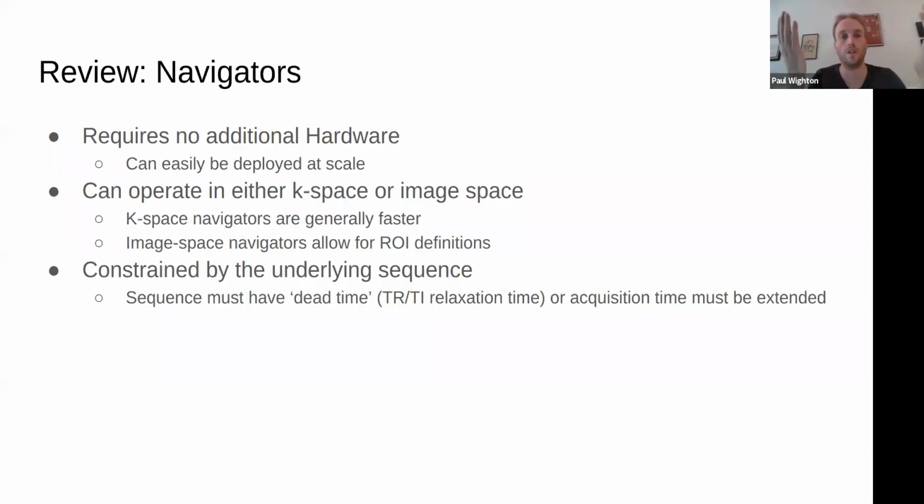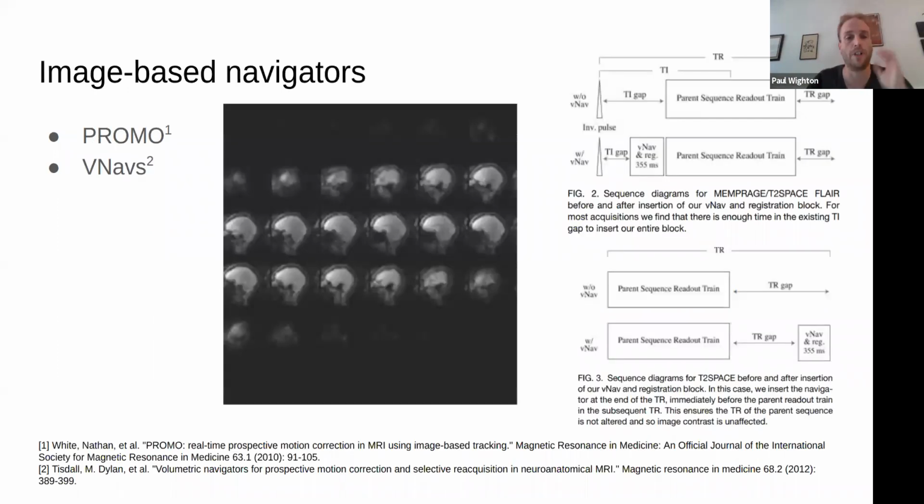So the big benefit of image-based navigators is you can operate on an ROI. You can perform your registration on the regions of interest you care about, and that's hard to do with k-space-based navigators, which are looking at the bulk motion over the entire field. For example, this is an example of the low-res navigator you get out of VNavs.